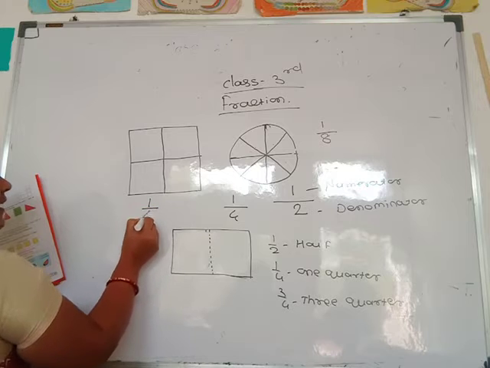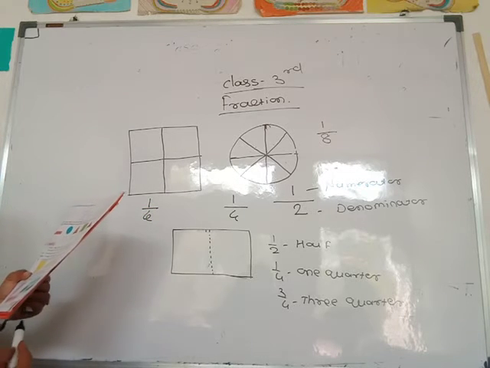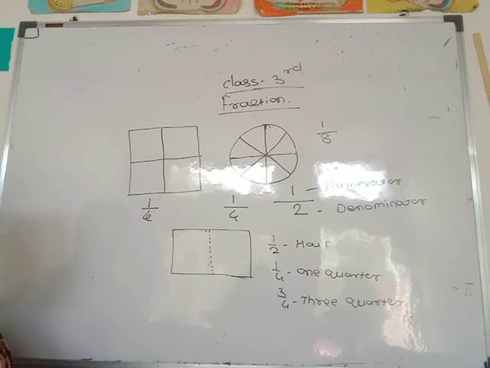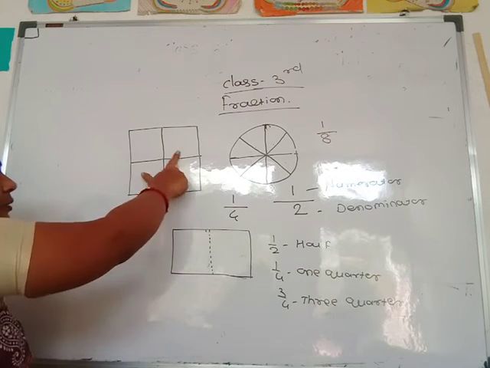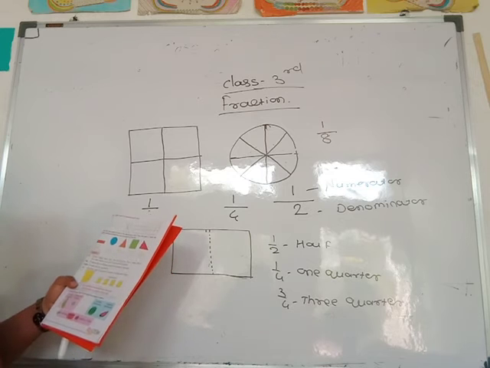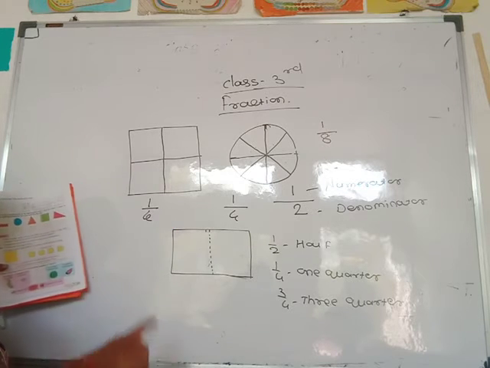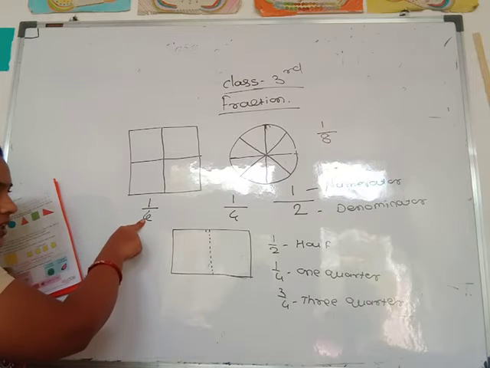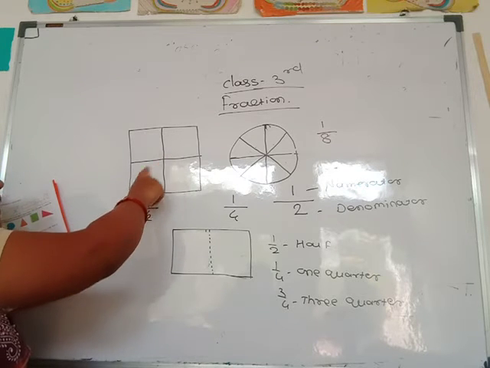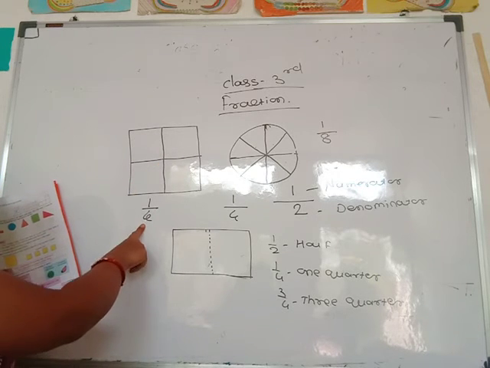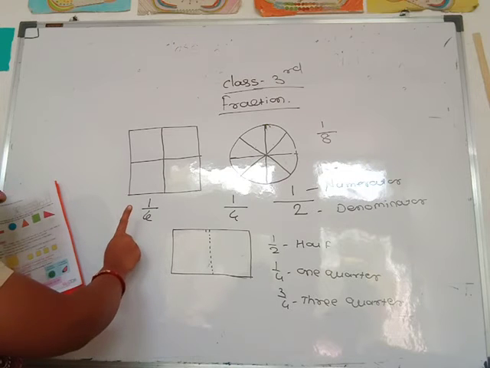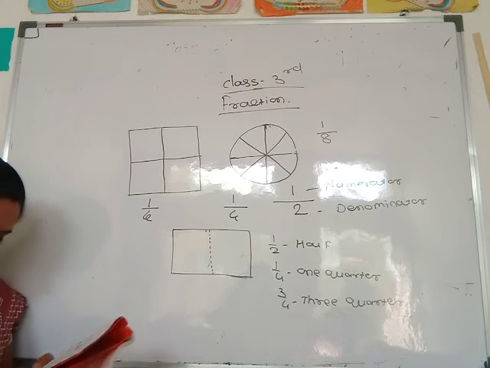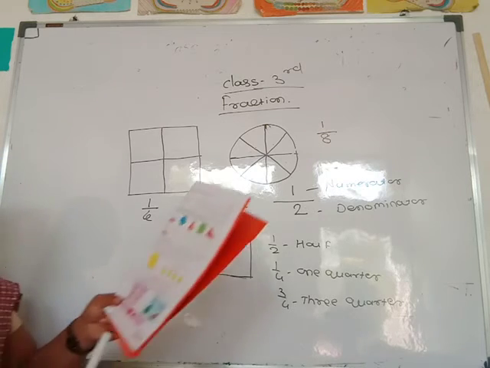One part is divided into 4 parts. Then when something is divided into 4 equal parts, each of the parts is a quarter of that thing. This one part is divided into 4 equal parts, means here 1 divided by 4, and it is called a quarter of that thing. See this picture.